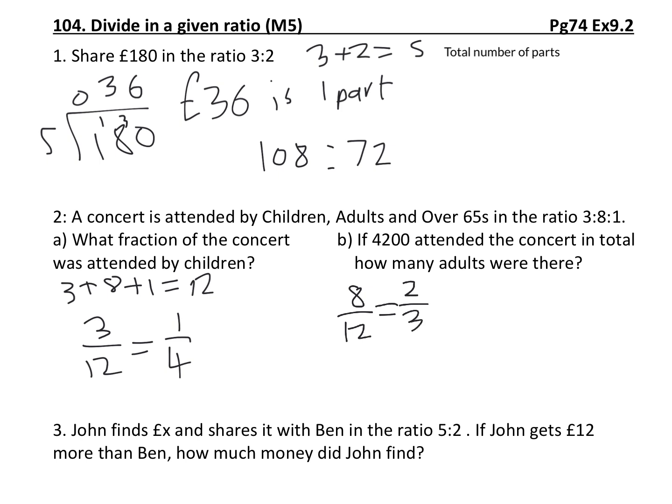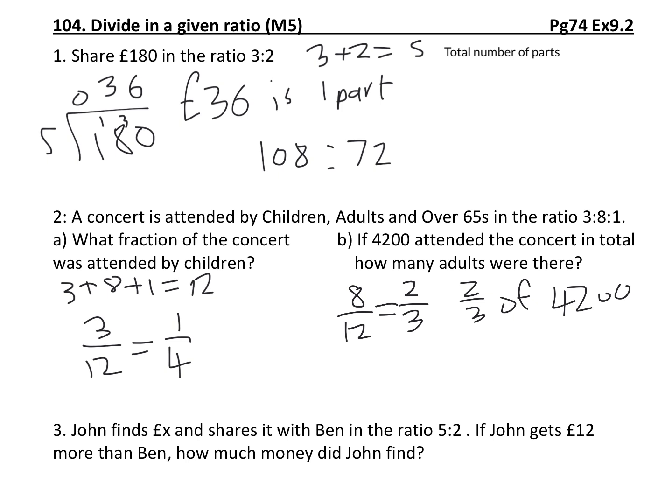So 2/3 of the people who go to the concert are adults, 8/12. So we'd need to find 2/3 of 4,200 to answer that. Okay, so we need to find out 1/3.